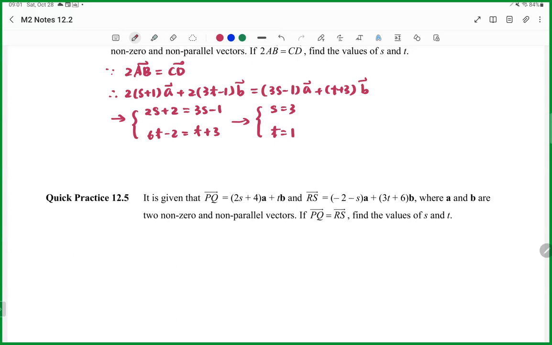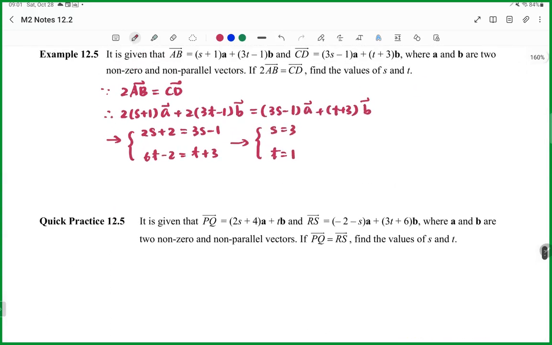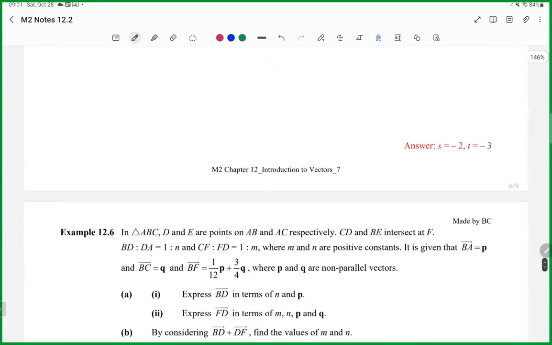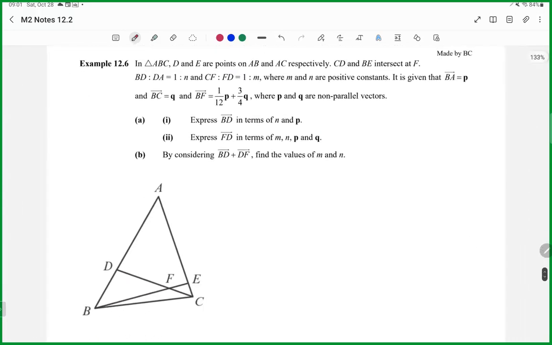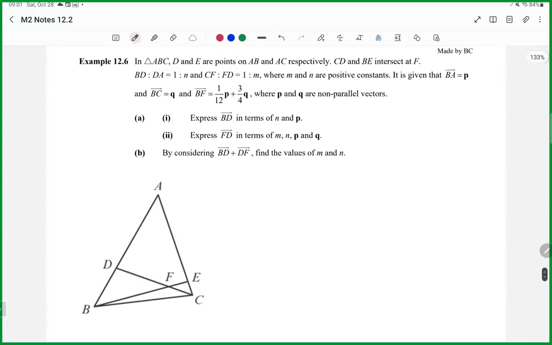Okay, last example. Now this example requires more, obviously, the integrated skill. So far we have learned addition, subtraction, expression, and even equality of expressions of vectors and how to use them.